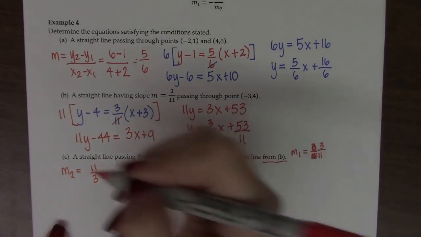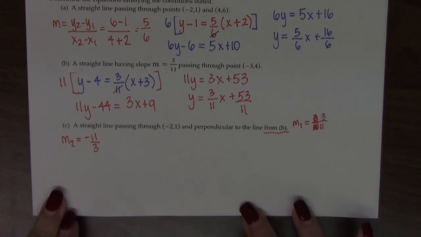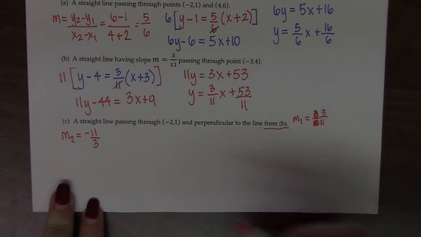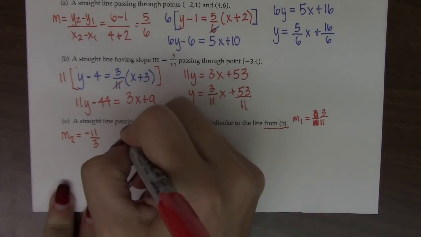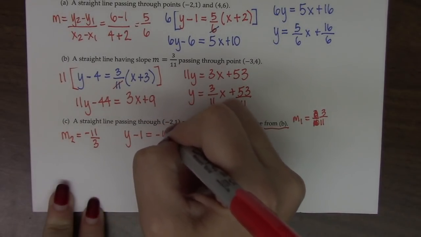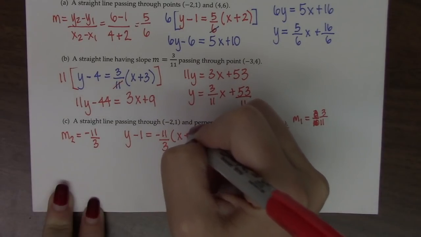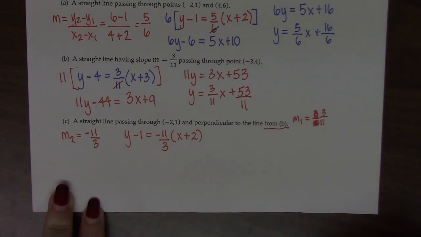That's the reciprocal. And then we multiply it by -1. Now I can use point slope again with my new point. So y minus 1 equals -11/3 times x minus -2.